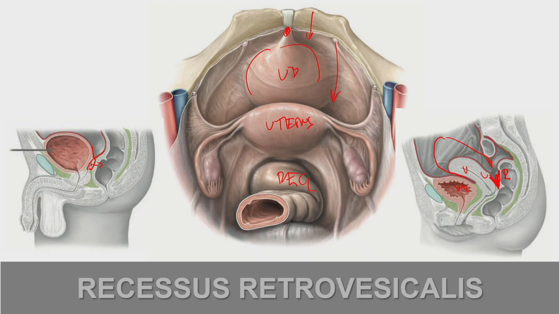The space is important not only for fluid collection, infections, irritation there, but the urinary bladder, rectum and uterus in women have important roles in defecation, to make compression of the rectum. So the emptying of the rectum also depends on the relation of it. So this is the retrovesical space.